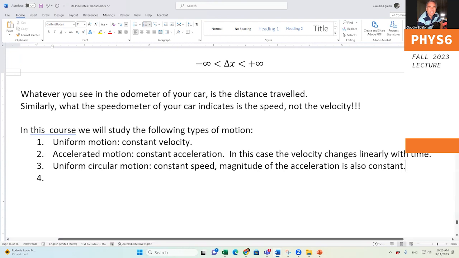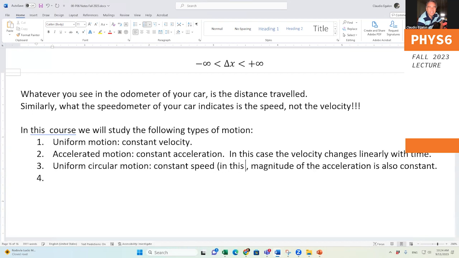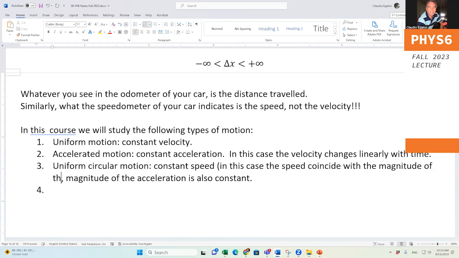And by the way, in this specific case, the speed coincides with the magnitude of the velocity, but it's constant.